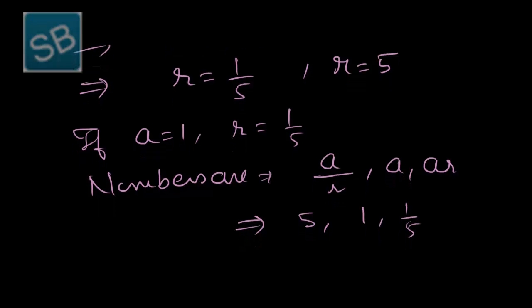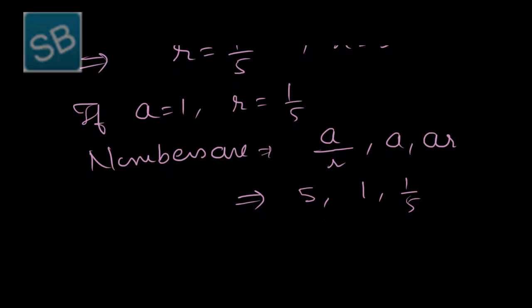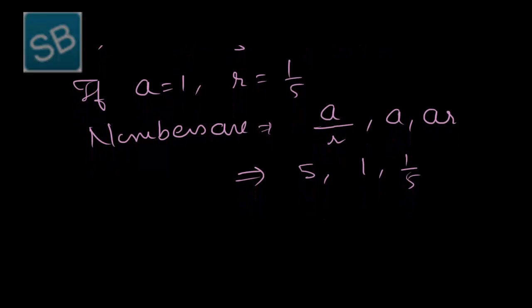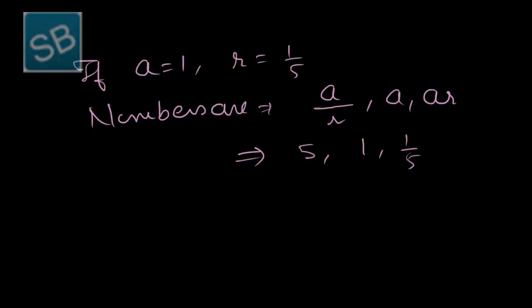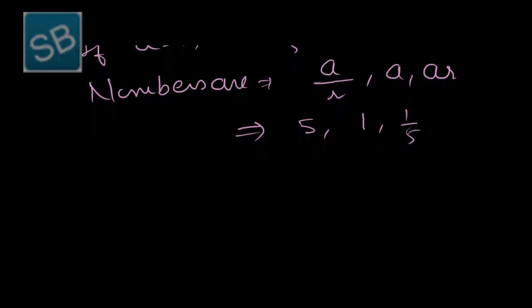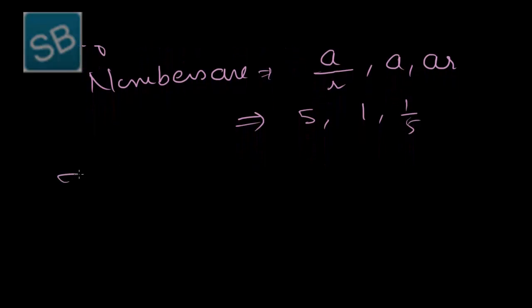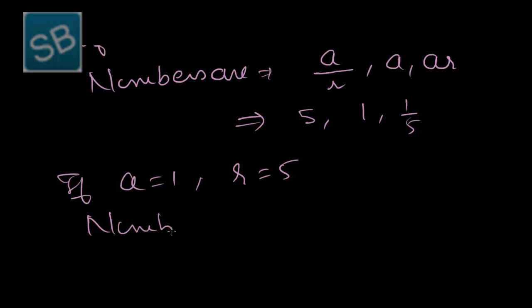And if a = 1 and r = 5, the numbers are 1/5, 1, 5.